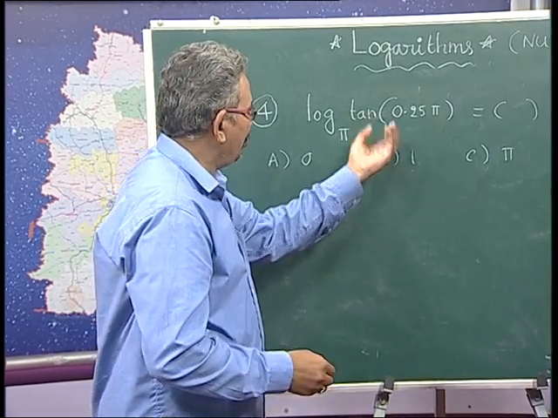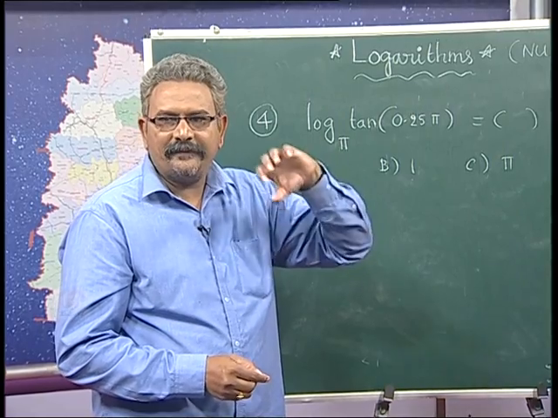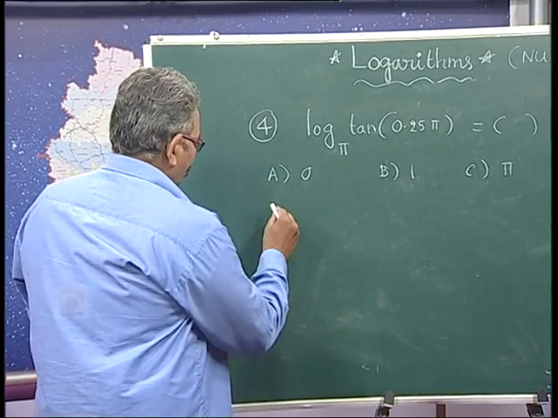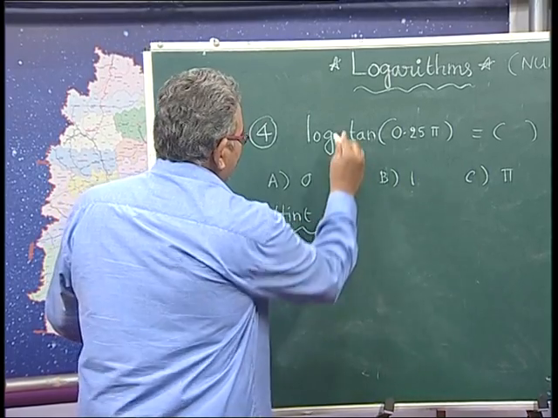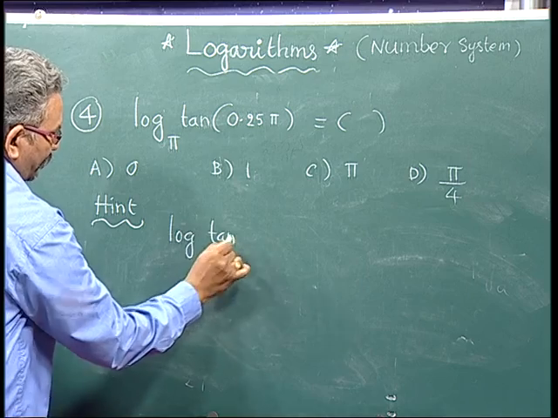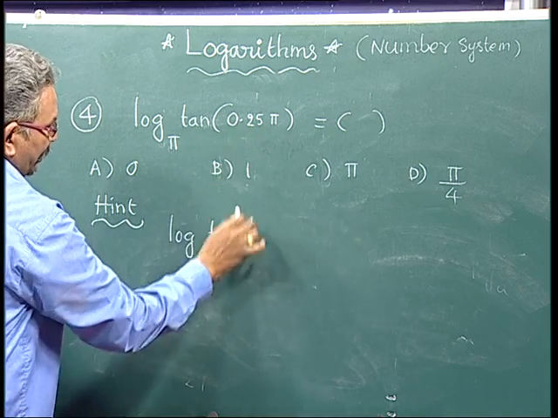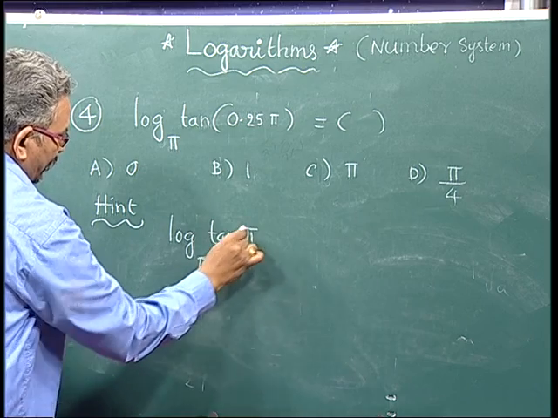So, 1 by 4 multiplied by pi is pi by 4, that means 45 degrees. So, this can be written as log of tan of pi by 4, base 5.